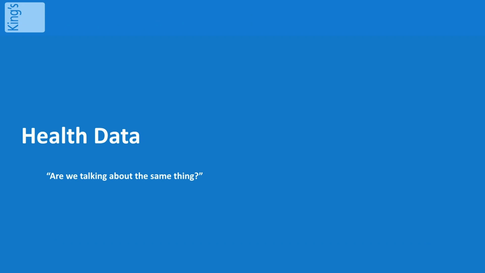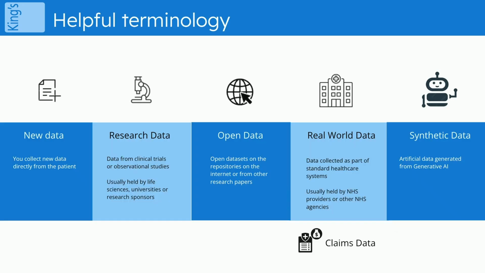So, health data. Are we talking about the same thing? Often people talk about data, they're talking about their data, their version of data. But data is an extremely generic word, and I think that is the issue, because people conflate meanings when talking to each other.